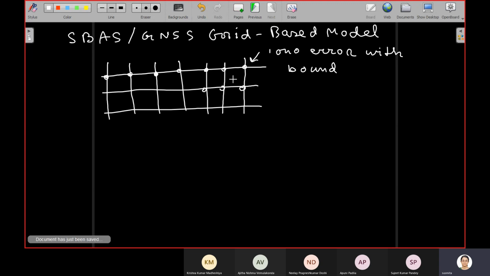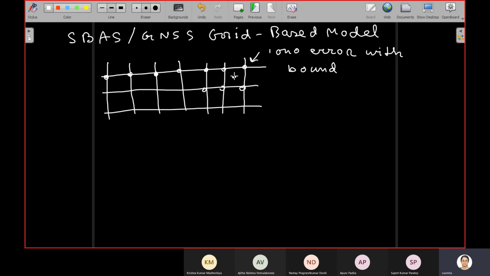Okay, and then the user finds in which cell it is. For example, let's say it finds that it is in this cell. Each corner grid point has a corresponding latitude and longitude. The entire world map is divided into these grids, so a user anywhere in the world can find that he or she is in some grid. The first thing the user has to do is find in which cell he or she is, and then he knows the errors at the corner grid points, right?